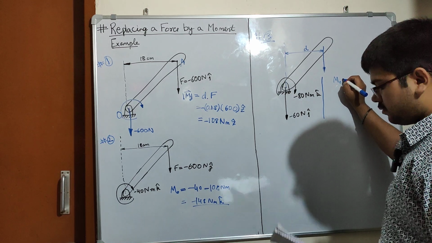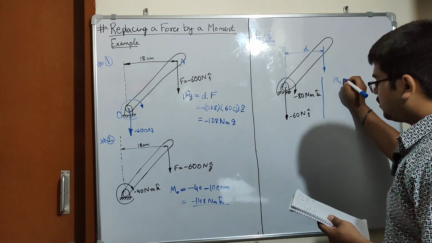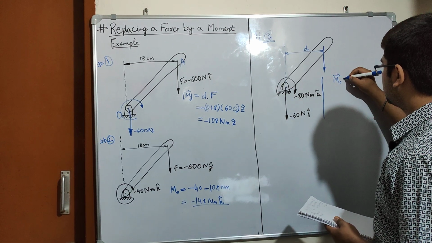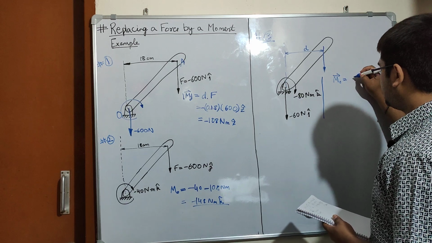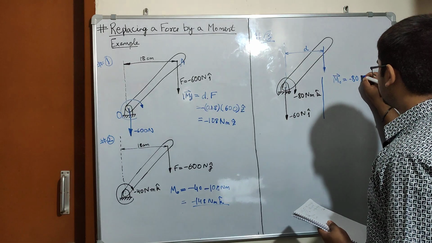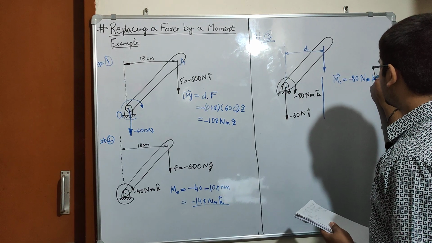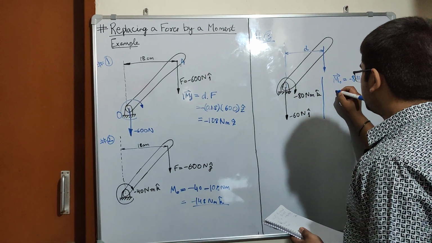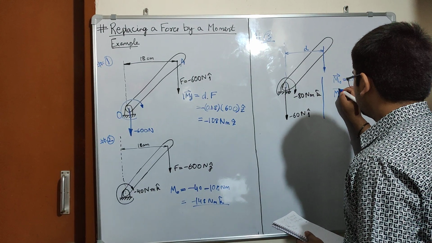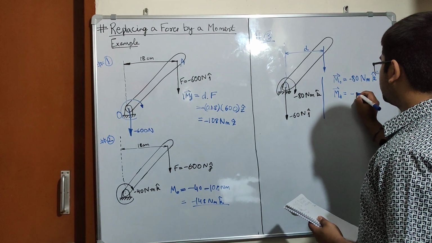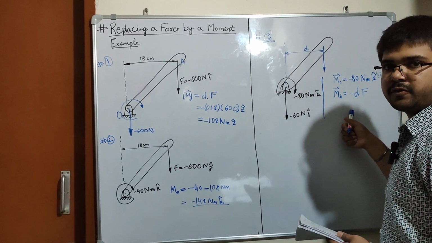Moment about O vector equals minus 80 Newton meter K cap. Moment about O vector equals minus dF. That's the formula.